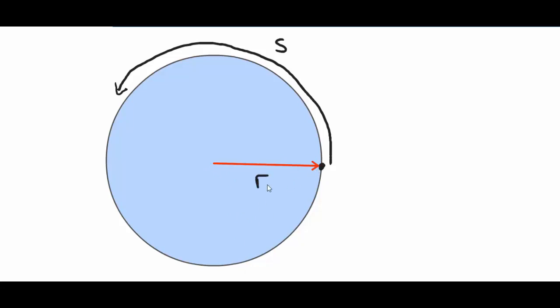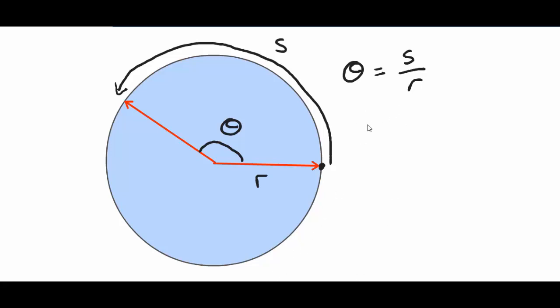If we carry on with this idea, then if we start here and we displace ourselves some distance around the circle so that we've got an arc length of s, and again we've got a radius of r, then the angle that we've displaced ourselves through, let's call this theta, if we're in radians, then theta is going to equal the arc length divided by the radius.